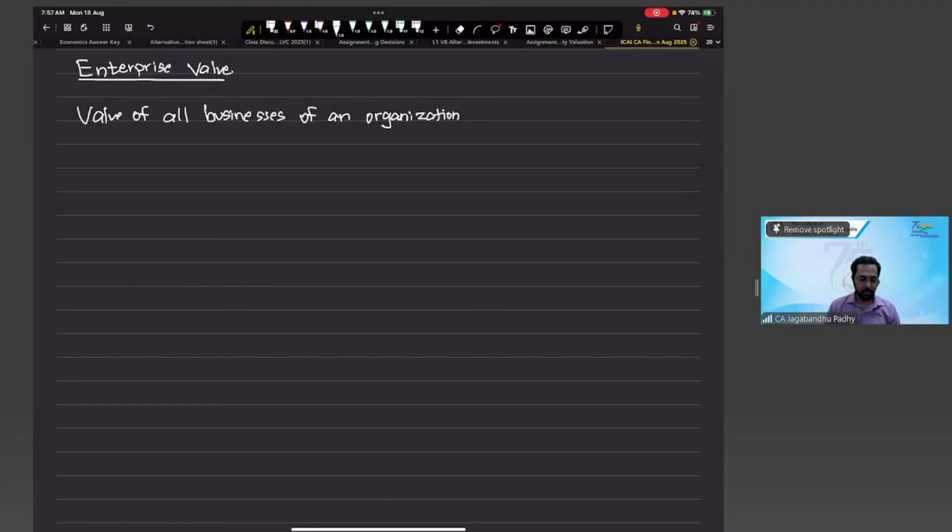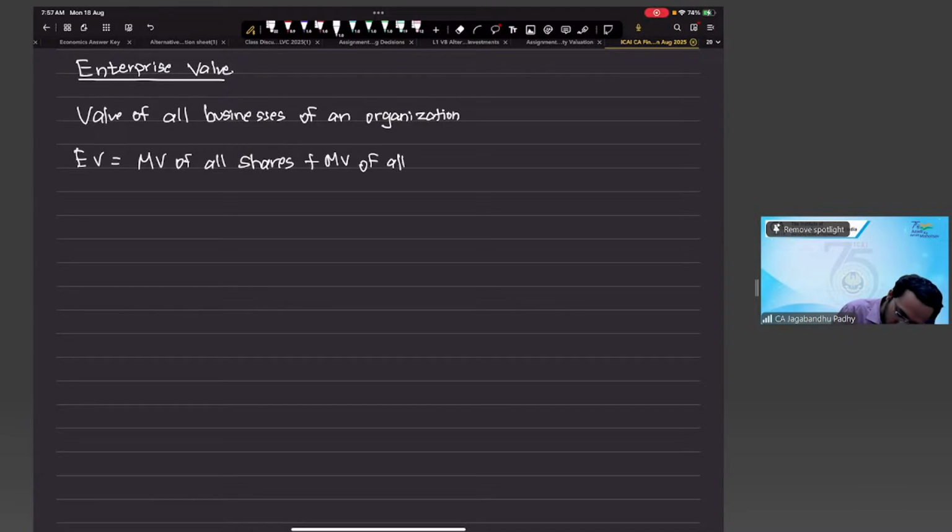So EV, or enterprise value, is simply the market value of all shares plus market value of all debts, and then you subtract the cash. So market value of all shares plus market value of all debt minus cash.